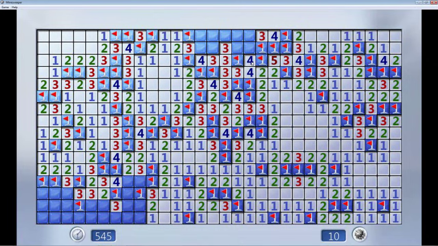Well, that's not helping. Yeah, I mean, sometimes Minesweeper just comes down to luck and there's nothing you can do about it. It's unfortunate. But that's the way the game is.